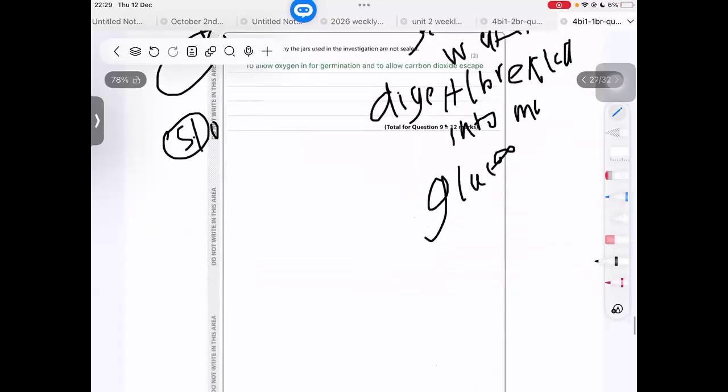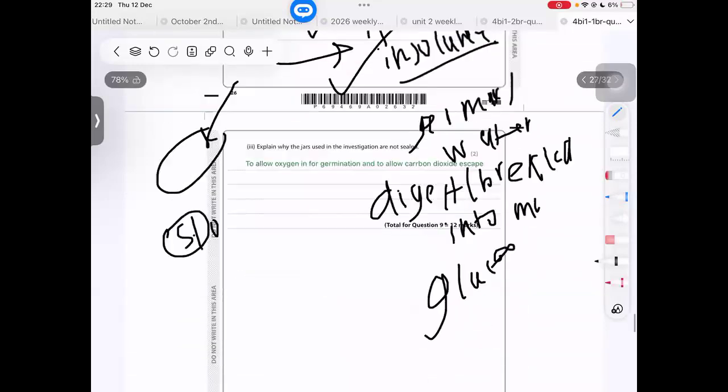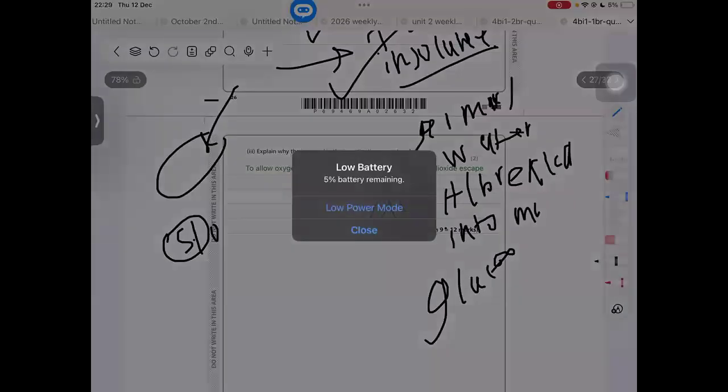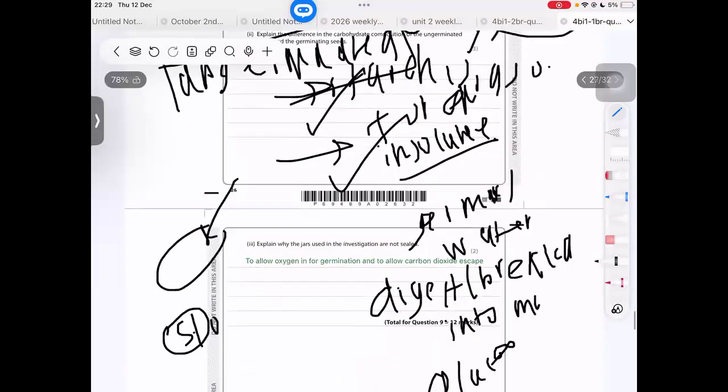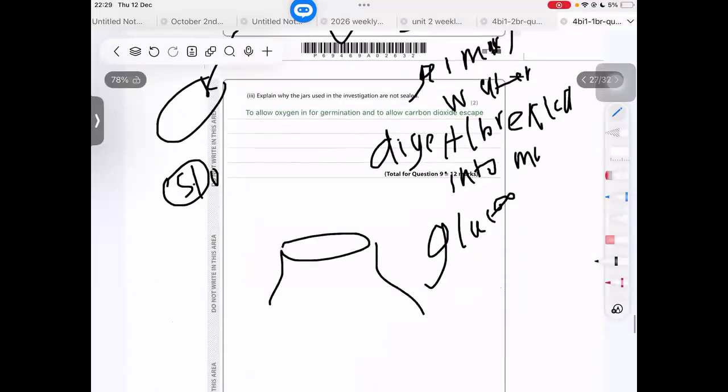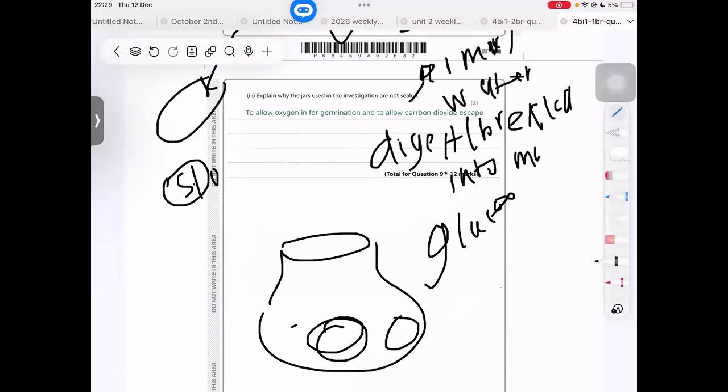Then they have asked, explain why jars used in the investigation are not sealed. So here, the reason why they have not sealed is because when seeds are germinating, they need oxygen as well, because the seedlings are carrying out respiration.